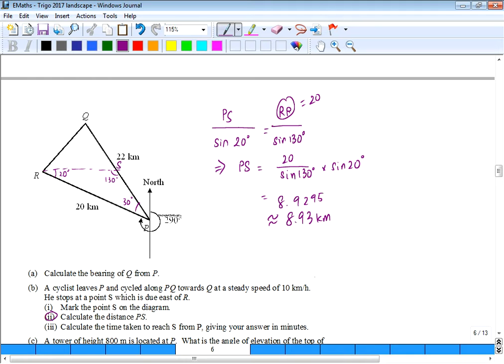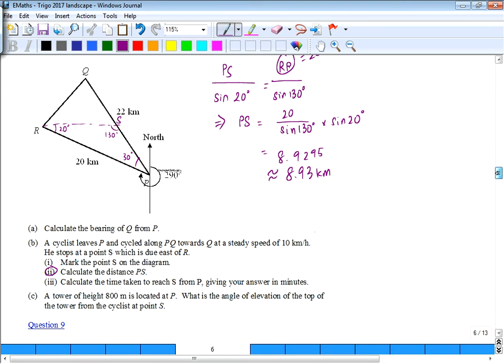B part 3. Anybody? Part C. Anybody needs help? Part C? Need help? Shooting, do you need help? Part C?